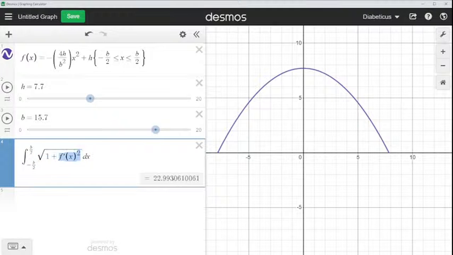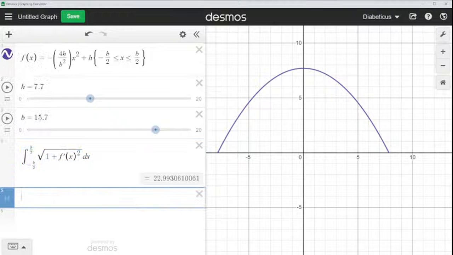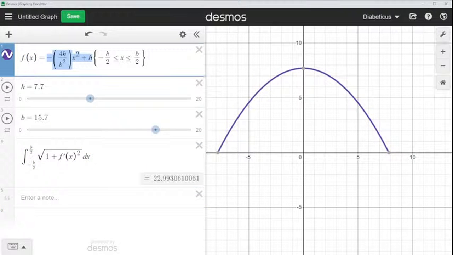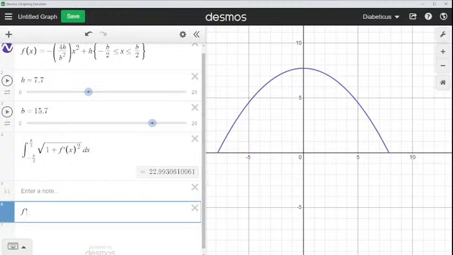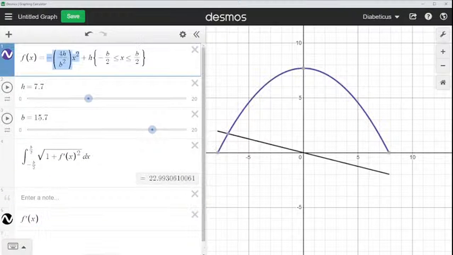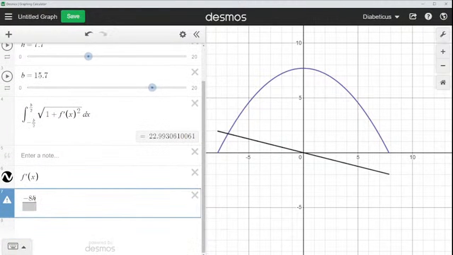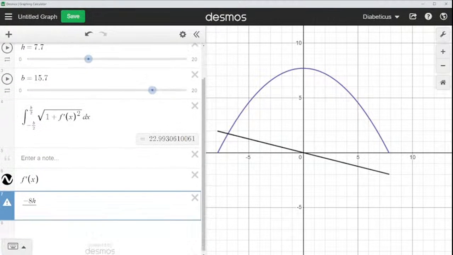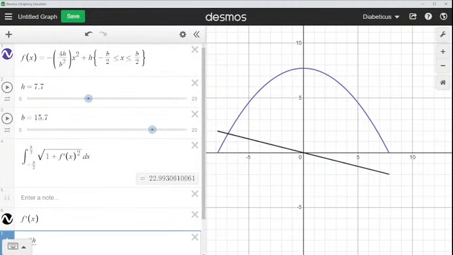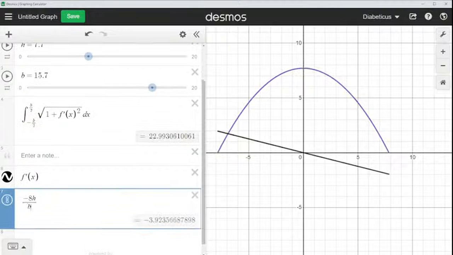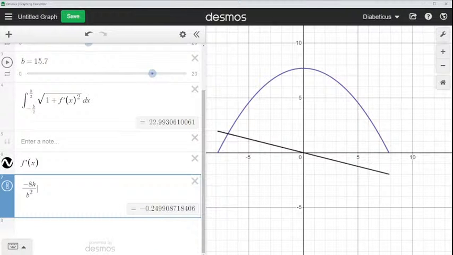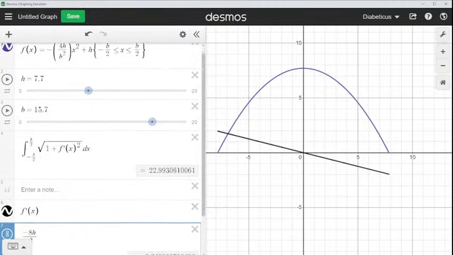Now, let's do the same thing all over again. Let's do f prime x. f prime x is gonna be negative 8h over b squared x.